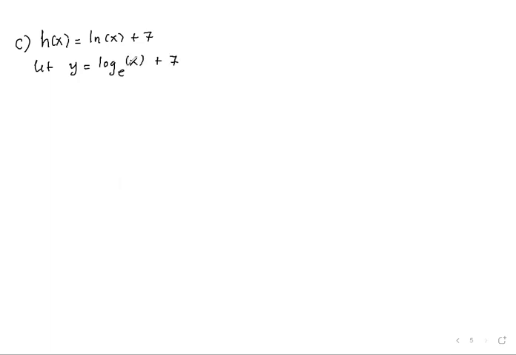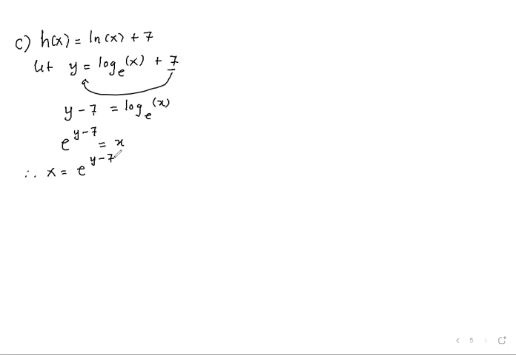Then we are converting. The only way we can convert is when this 7 is first taken to this side. So we have y minus 7 is equal to log base e of x. And then we raise it, so e^(y minus 7) is equal to x. So our function is x is equal to e^(y minus 7).